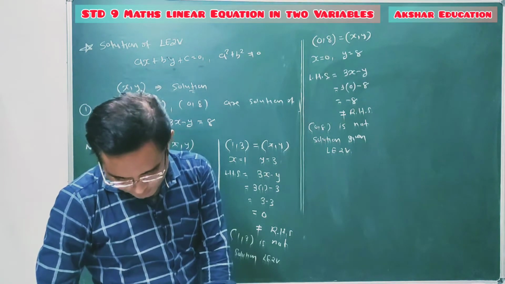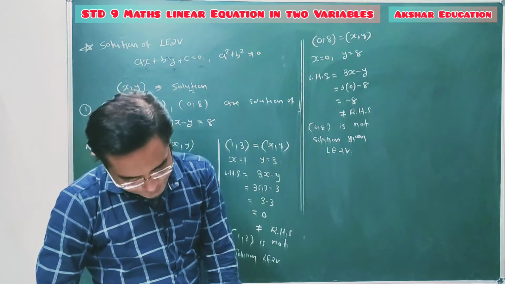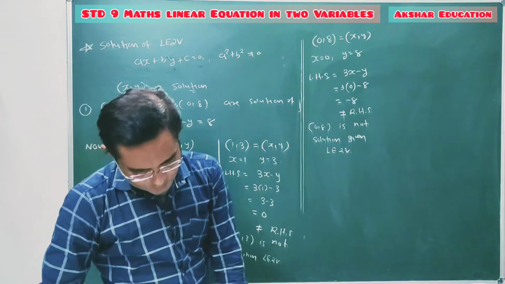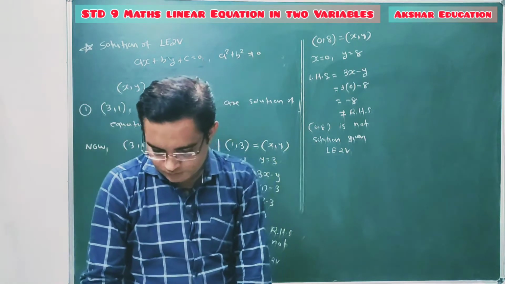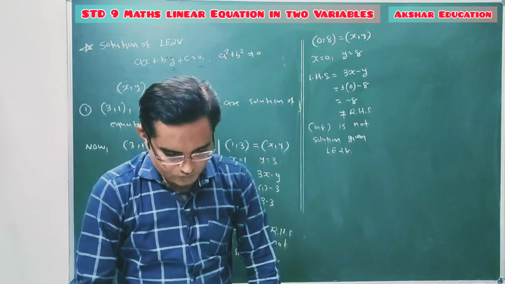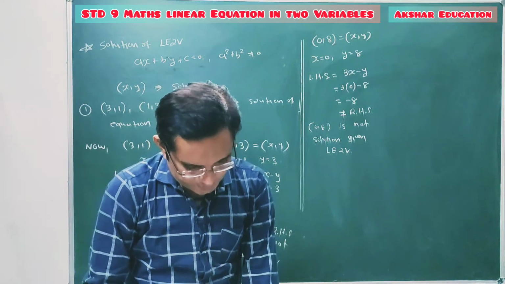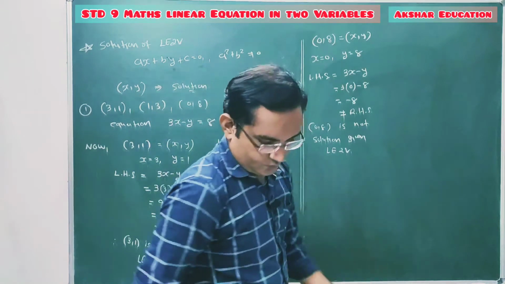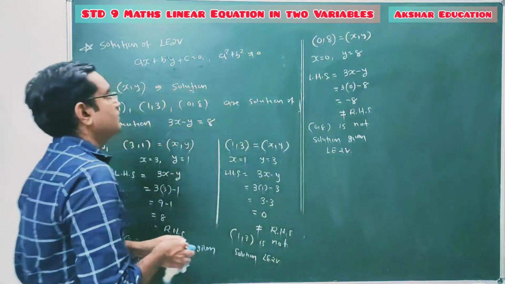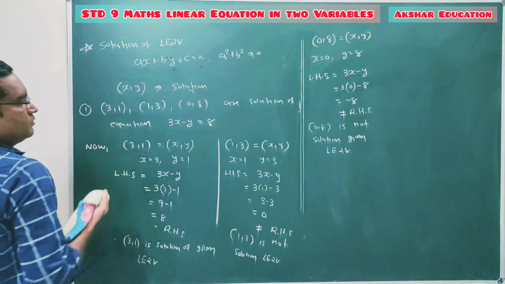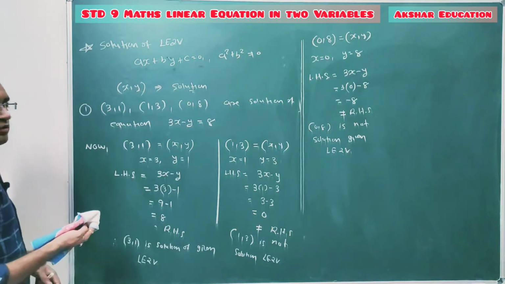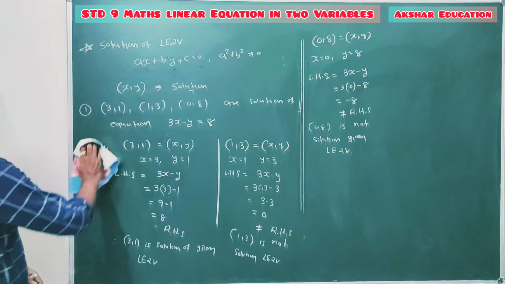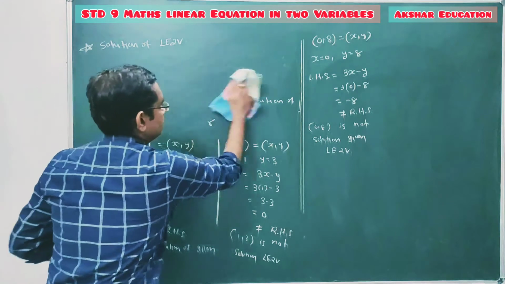Now let us consider one more sum in which we have to find the value of unknown. For example, if we are given that (2, minus 3) is the solution of given equation, pause the video and note it down, and let's try one more sum.